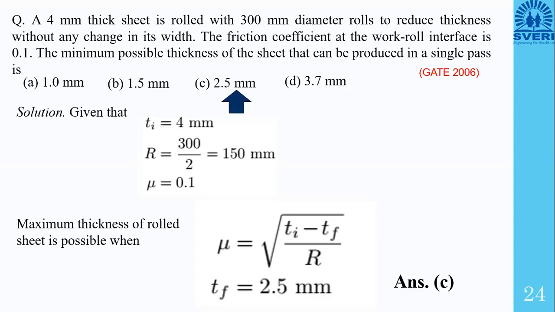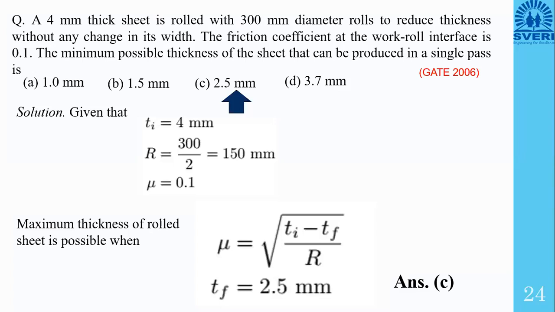Based on that we can easily calculate the roll radius, and Tf is asked. All of you know, if one unknown is there, then we can easily calculate that unknown. Is it right? Like this only we can solve these types of examples.